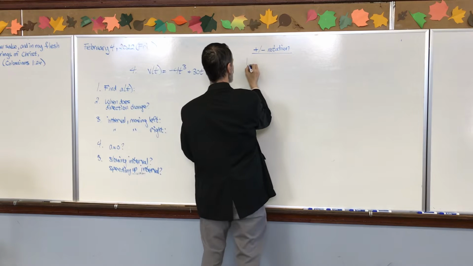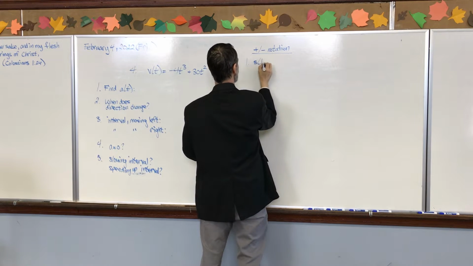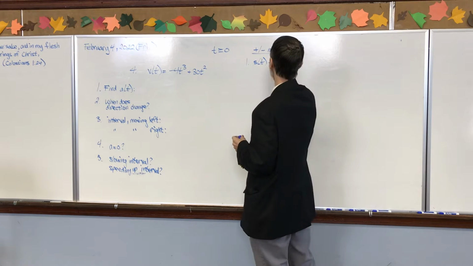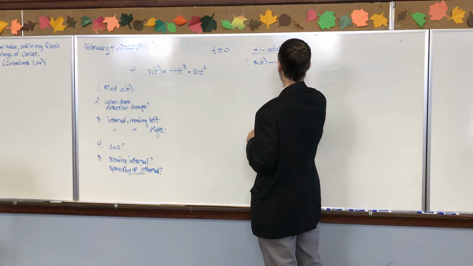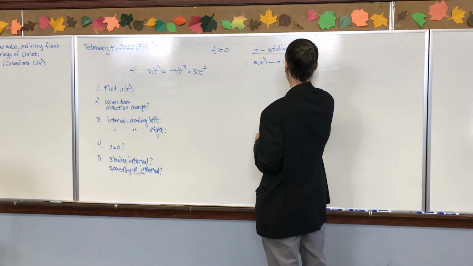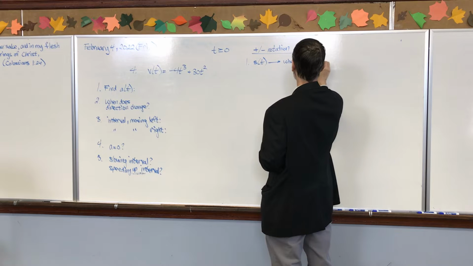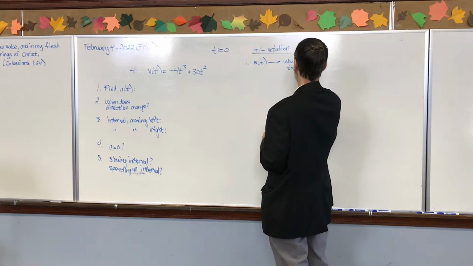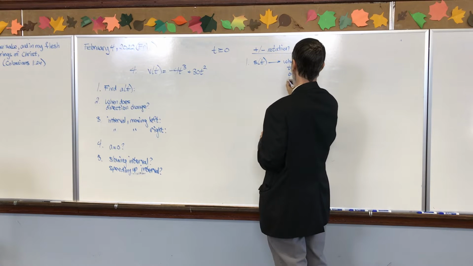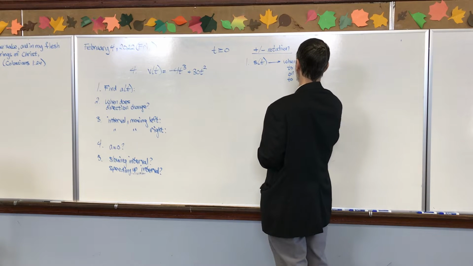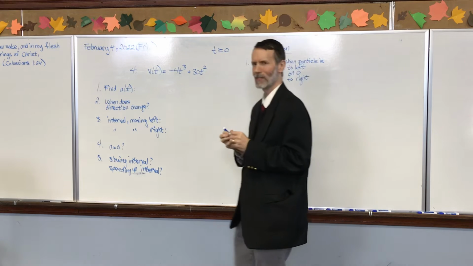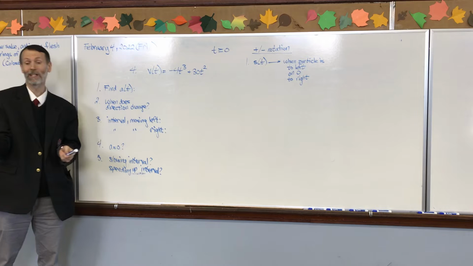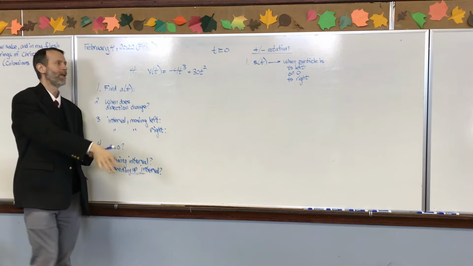If you use plus-minus notation on s of t, the position function, that will tell you when the particle is to the left, on 0, or to the right. Does that make sense? If it's a plus, that means the position is positive, to the right of 0, and so on.